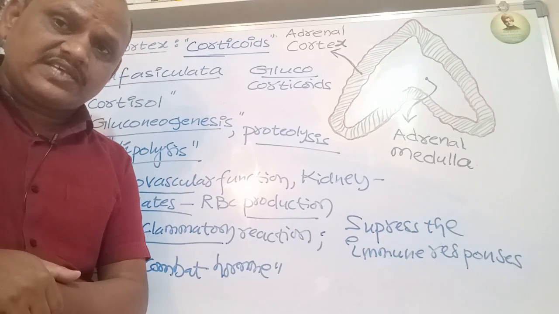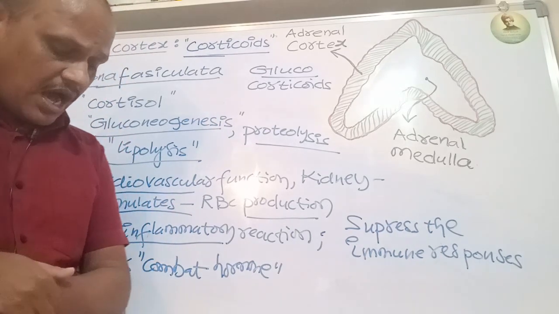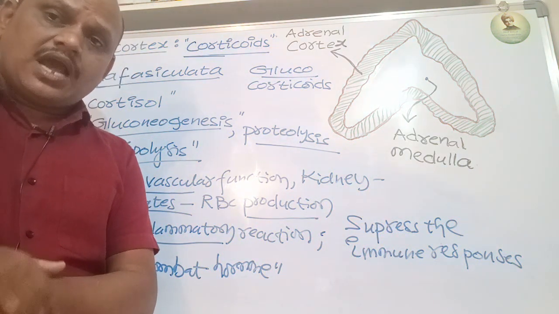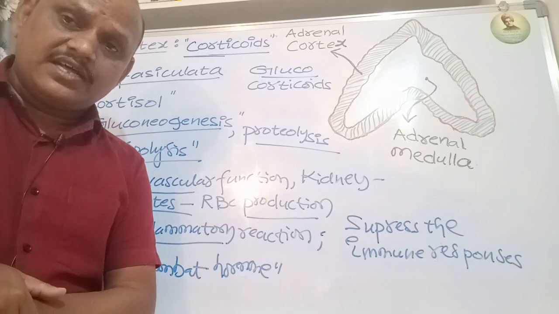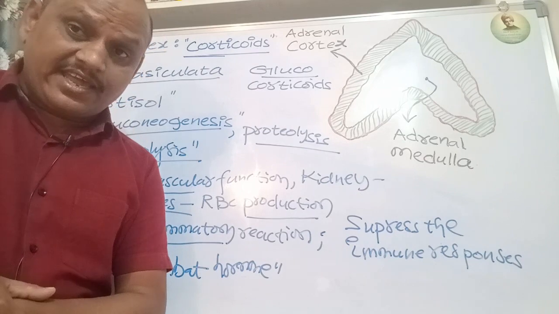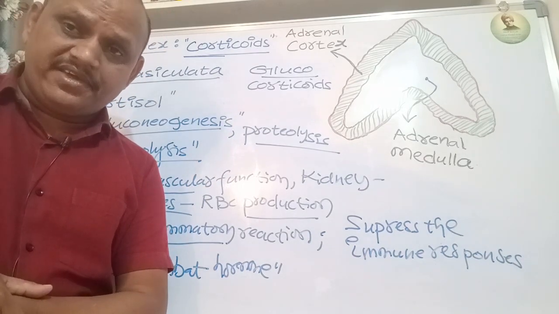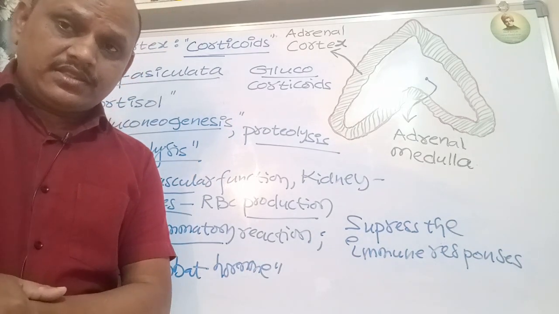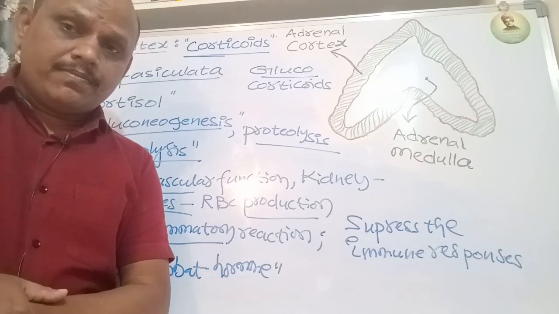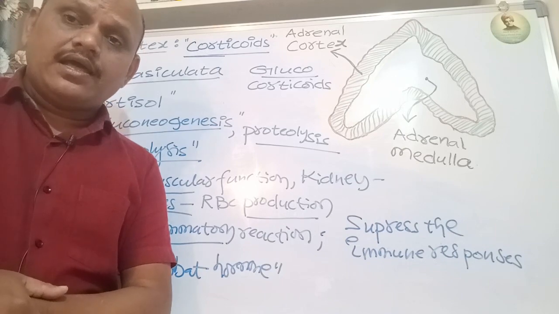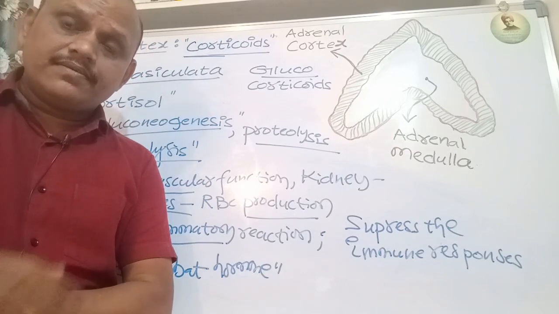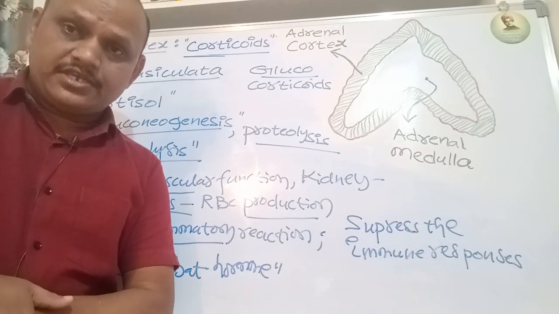The chief sex corticoid is testosterone, an androgenic steroid, and it provides secondary sexual characters in males, especially during puberty. It helps in axillary hair, pubic hair and facial hair production. These are the functions of testosterone.